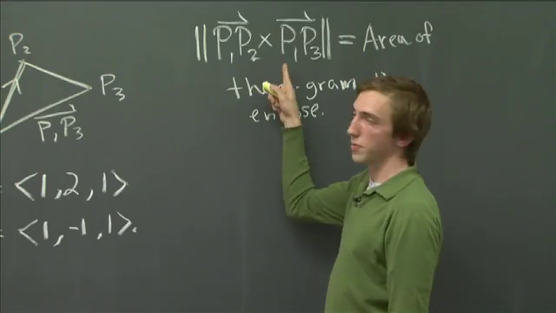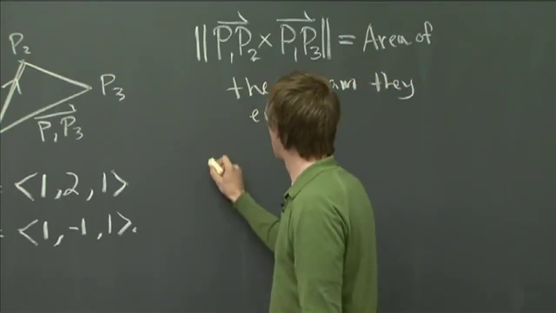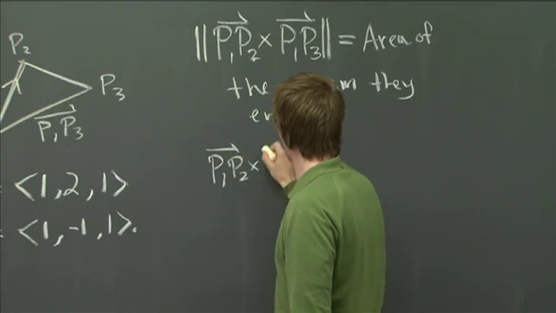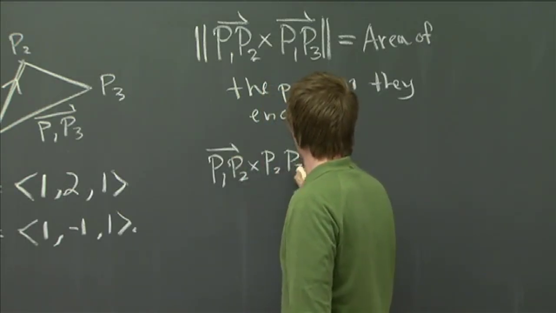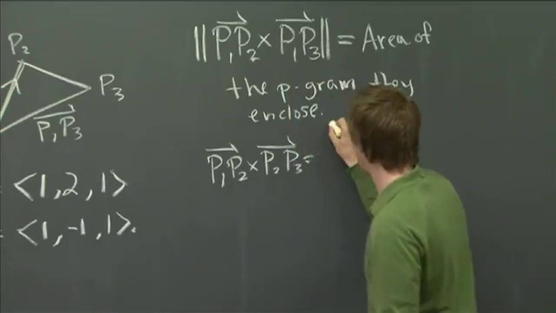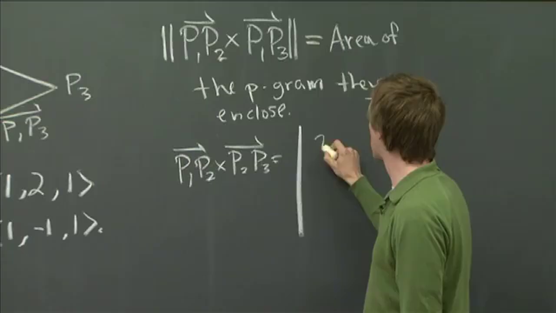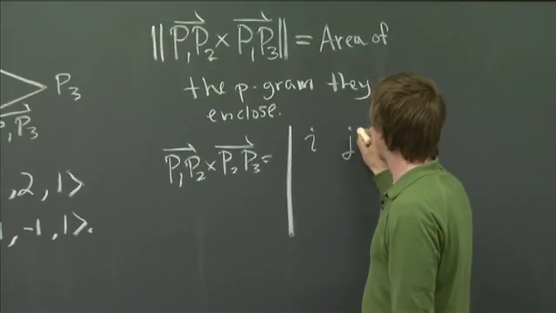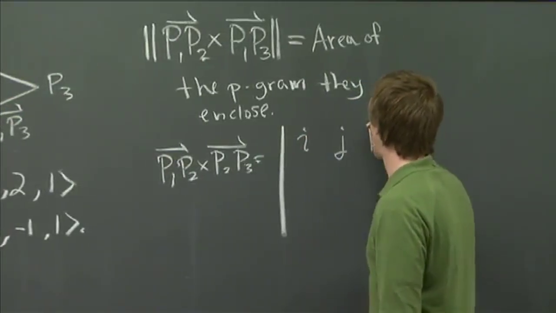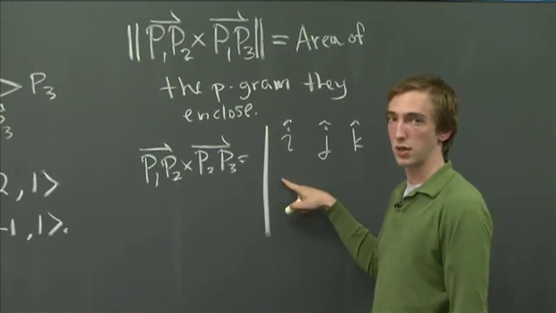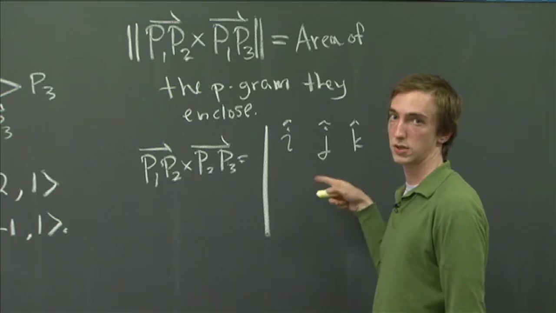So let's get started by computing this cross product. P1P2 cross P1P3. Remember, to compute a cross product, we take the determinant of a matrix where we put in our unit vectors i, j, and k, and the remaining entries of the matrix are just the entries of our vectors.